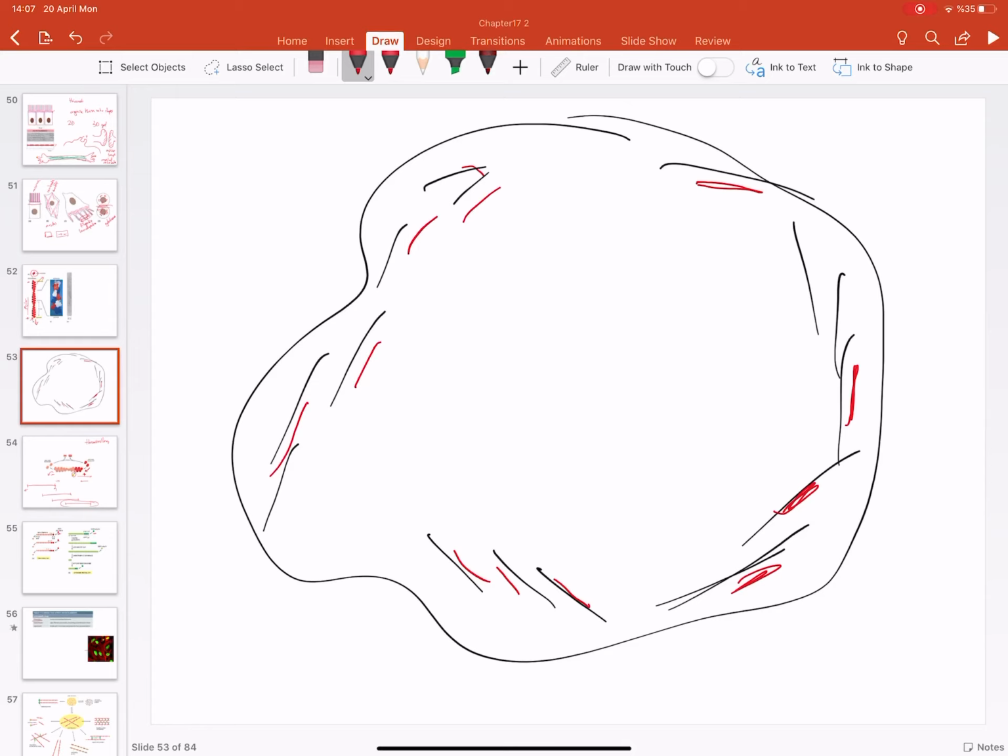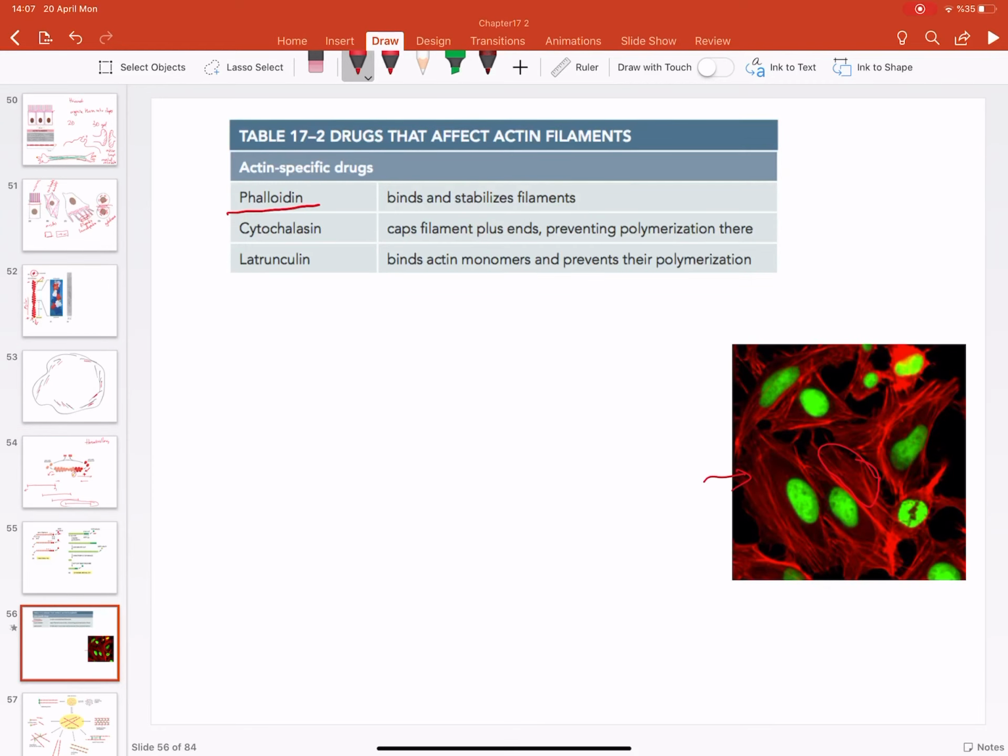If it cannot depolymerize, it cannot change shape. If it cannot change shape, it is going to get harder. So this hardening is not good. It's actually how it kills the enemies. Phalloidin is extracted from mushroom, and whatever animal is eating this mushroom is poisoned and dies because of this actin stability. So it should not be more stable than it should be.